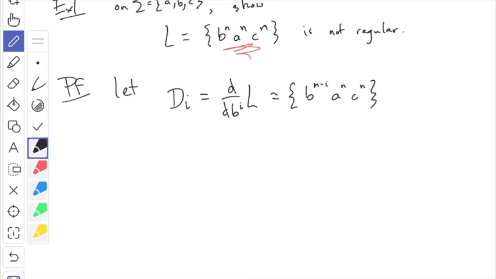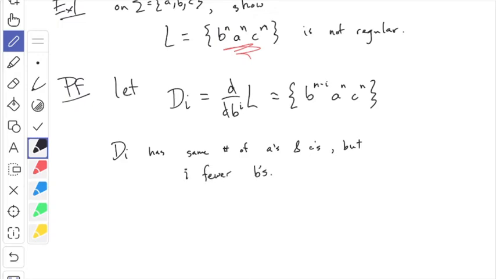Usually the way I'm going to explain this is that I will try to say in words what d_i is. d_i has the same number of a's and c's, but i fewer b's, right?